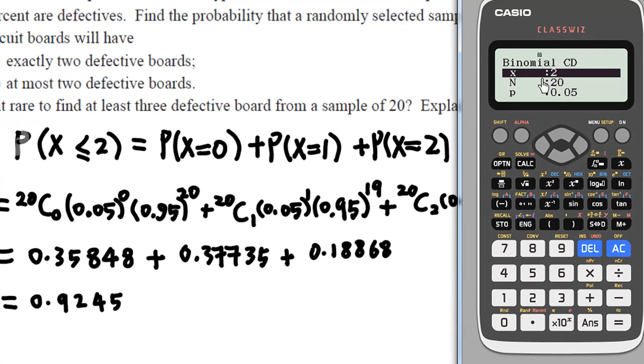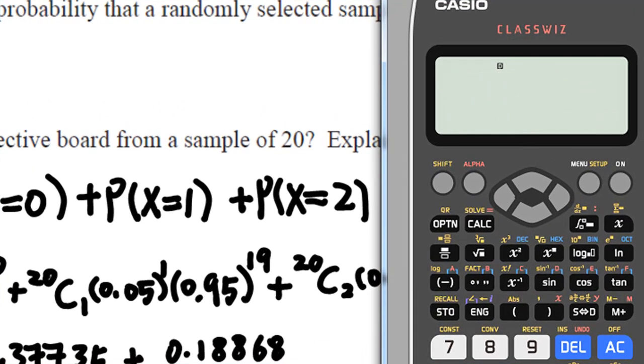Now x is less than or equal to 2 here, the number of experiments is 20, and the probability of success is 0.05. So enter all these numbers, and you find that the total probability for x less than or equal to 2 is 0.9245.